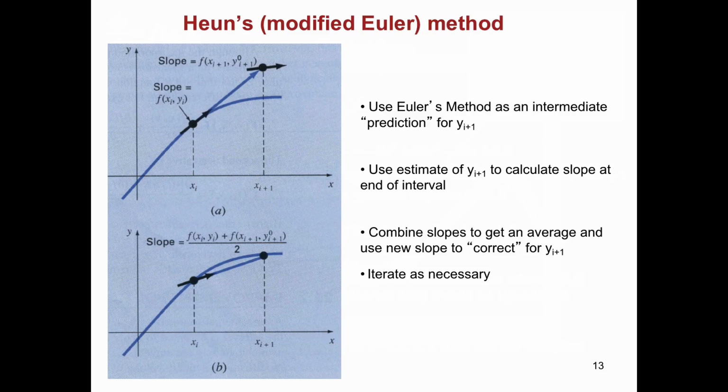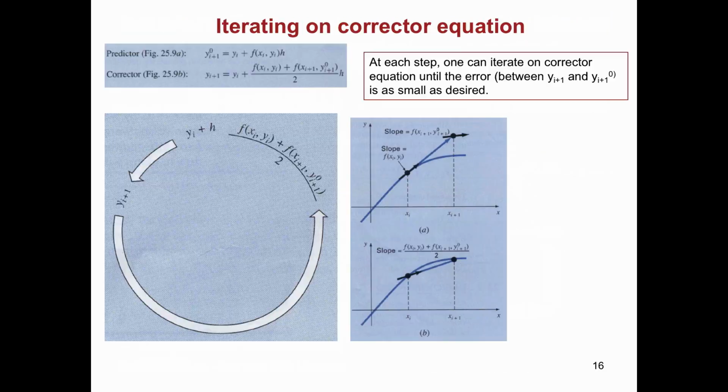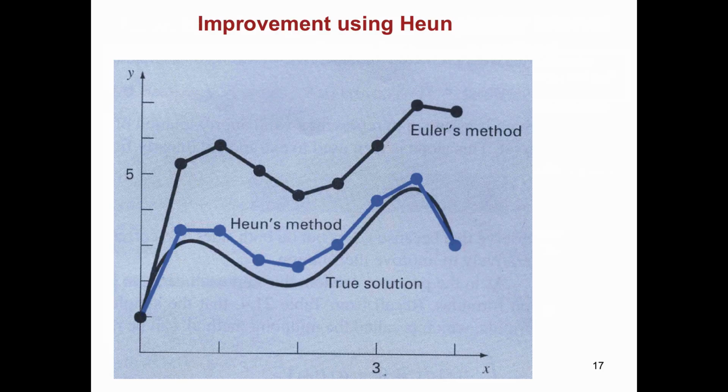That's all, and we saw in the code last time that it indeed improves. There's the true solution, and Runge's method gets closer to it even for this relatively coarse discretization. Of course, the errors of all these methods depend on the step h, so that as h gets smaller, they get better.